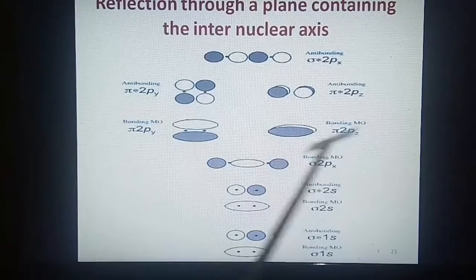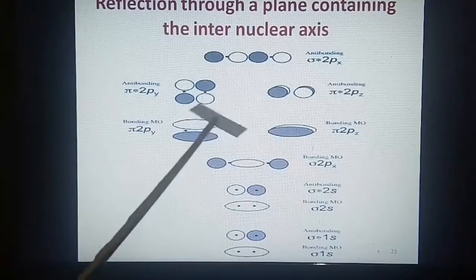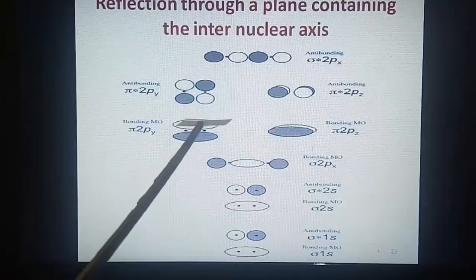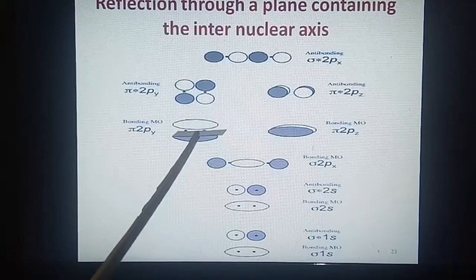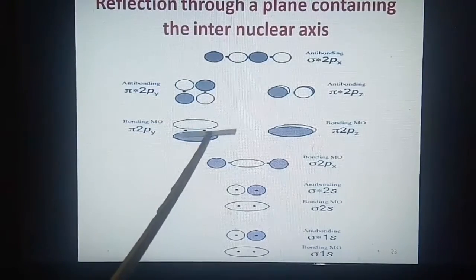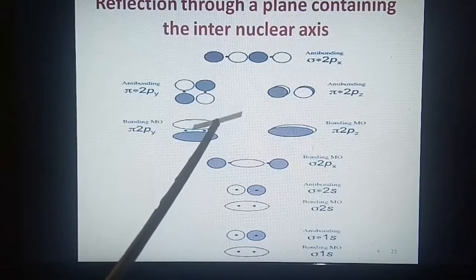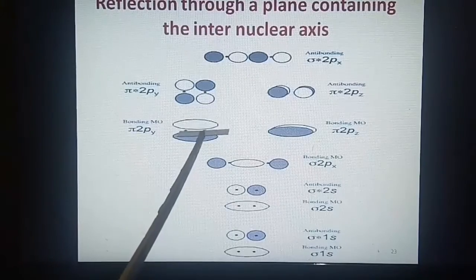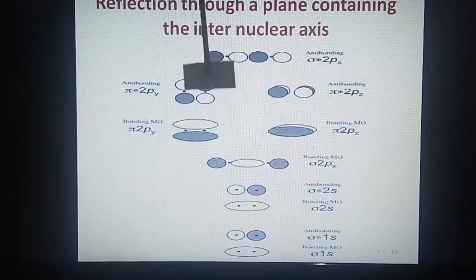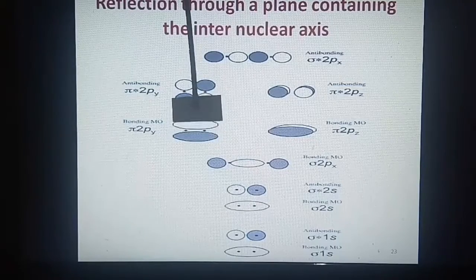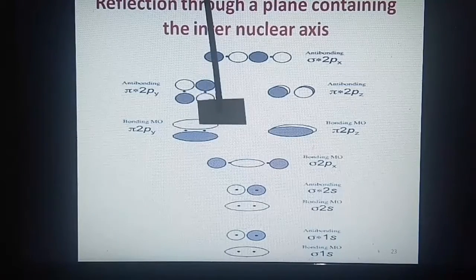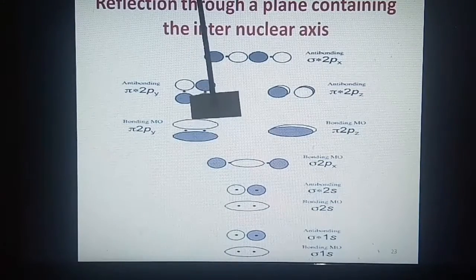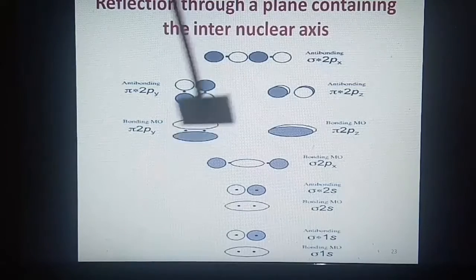So in pi orbitals, suppose this is the orbital. If we take this plane, then it is antisymmetric because here and here there are two different phases. But if we take the plane like this, then it will be symmetric because it will cut it in half, with the same phase on each side.